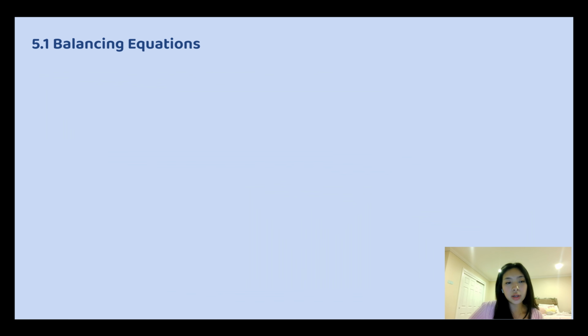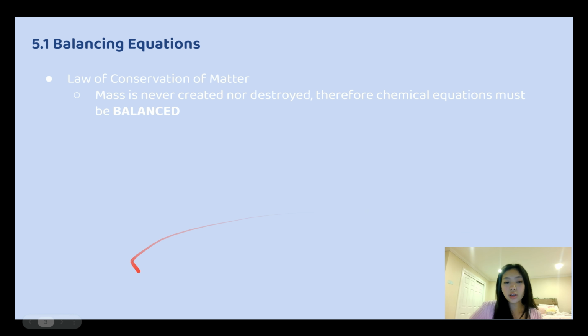Okay, so balancing equations. First up, we're going to cover the law of conservation of matter. What the law of conservation of matter states is that mass is never created nor destroyed. Therefore, in a chemical equation, everything must be balanced. The reactant side and the product side must be balanced. What this means is that the reactants must add up to the products.